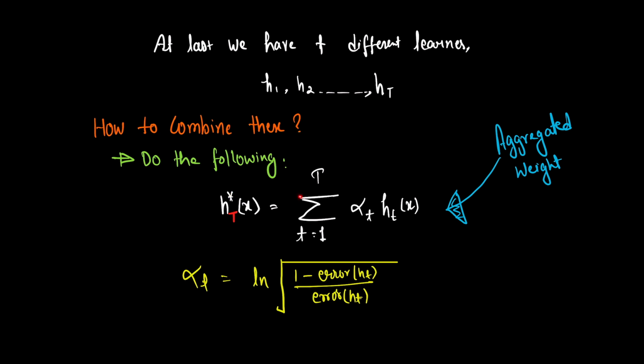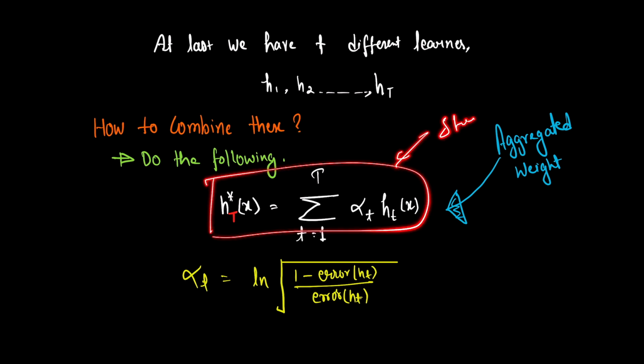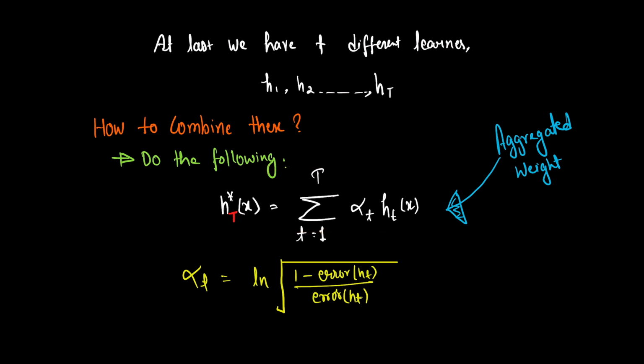H star of x is basically the sum over t equals 1 to T of alpha_t times h_t of x. Okay, this is our aggregated model, the model weight for the strong classifier.